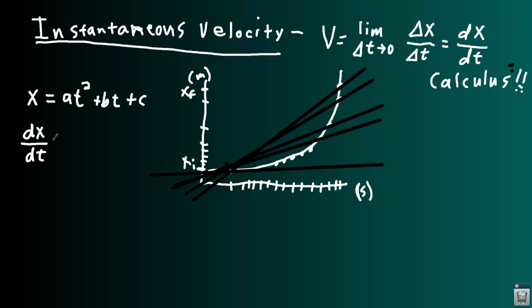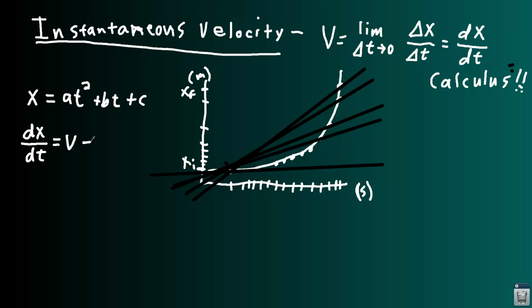And when you do that, you get your velocity. I'm just really rewriting v. Your instantaneous velocity is dx dt, so equals v. And there's a rule for doing that.